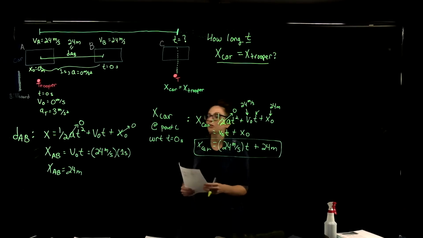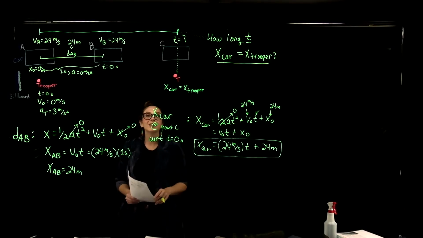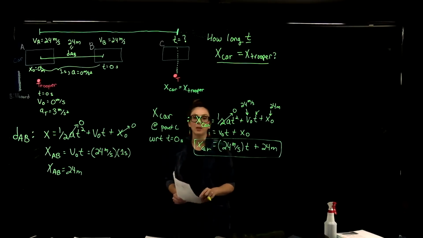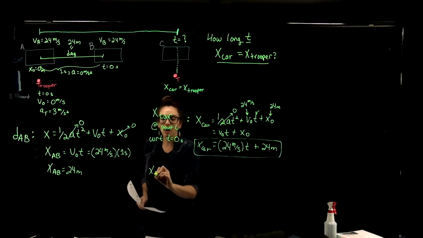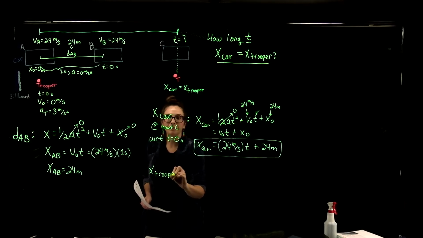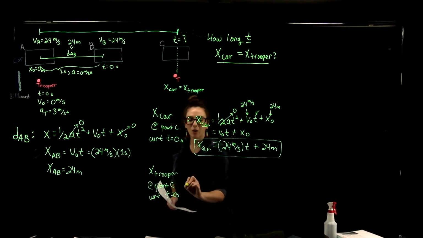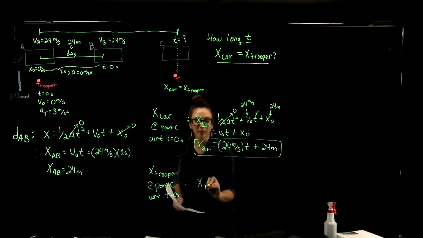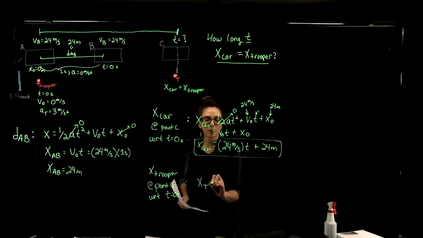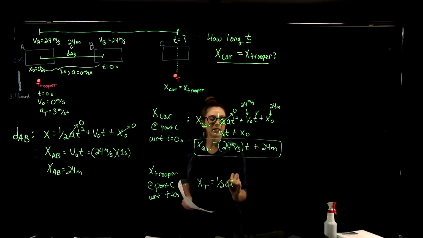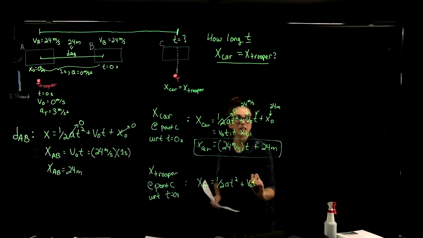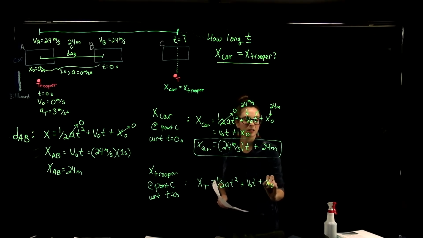We need to get an equation for the trooper at point C with respect to time t equal to 0. So we'll call that x trooper at point C with respect to t equals 0 second. So I'm going to call it x sub t for x trooper equals 1/2 AT squared plus V0t plus X0.